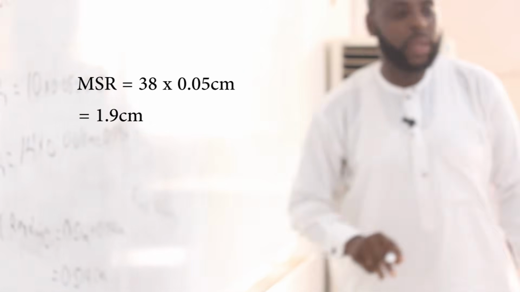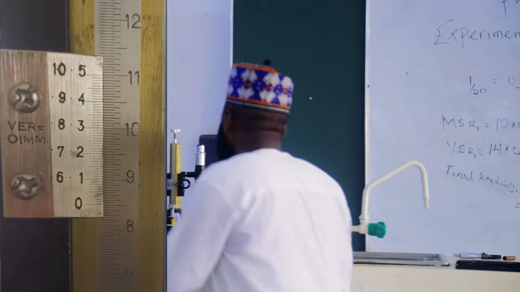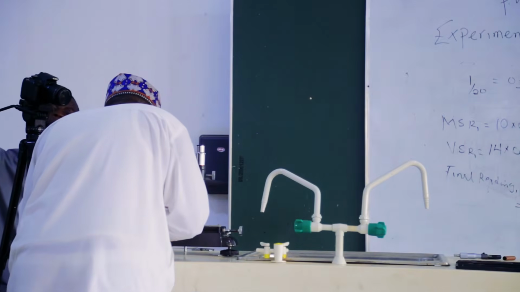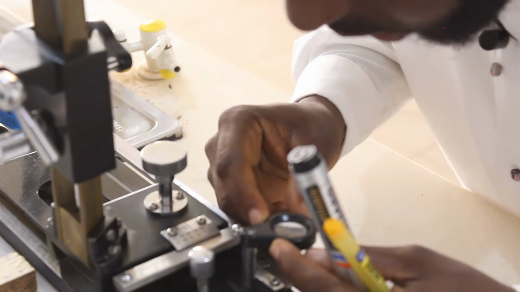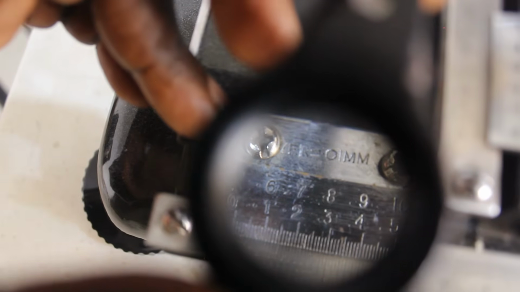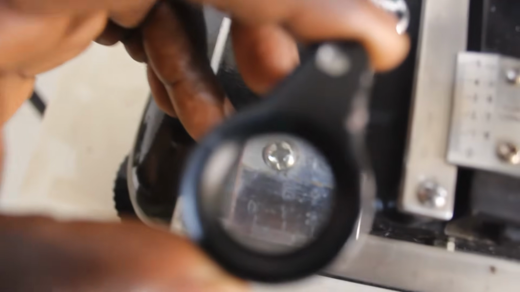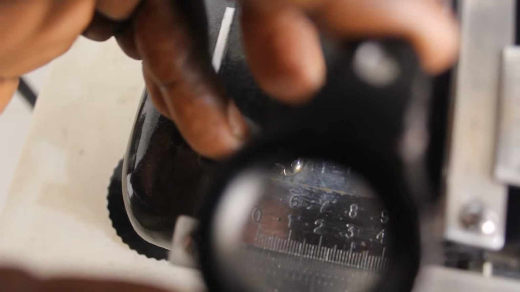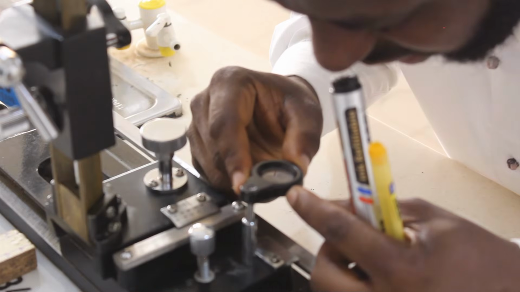So we'll take our vernier scale reading. We can pick our vernier scale reading by looking at the line coinciding with the main scale reading. So look at all the 50 lines and look at the position that best aligns with this. Please ensure that you use the magnifying lens in order to get the exact point as much as you can.